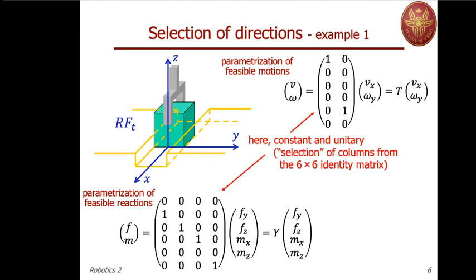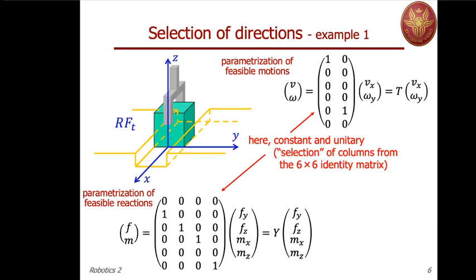So in fact, this particular choice for this simple example of T and Y, these are constant matrices. In general, they may not be constant. And they are in fact picked out as columns from a 6 by 6 identity matrix.